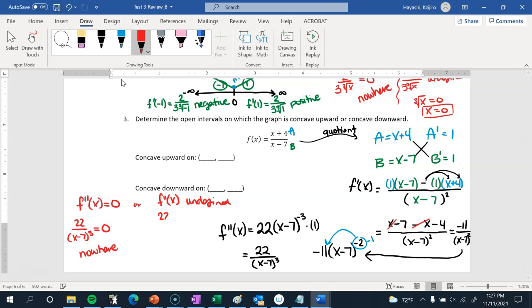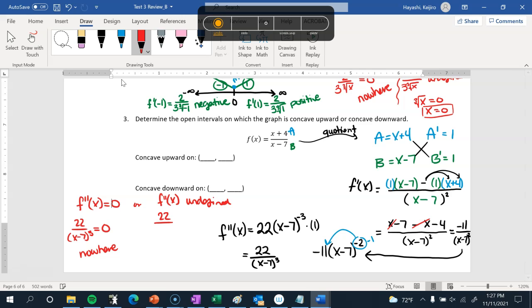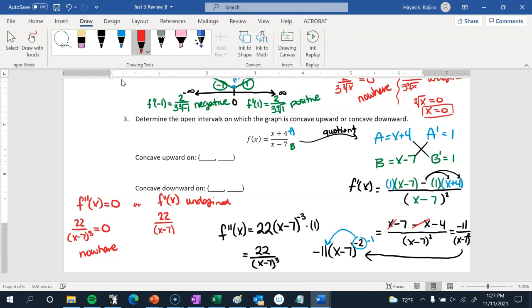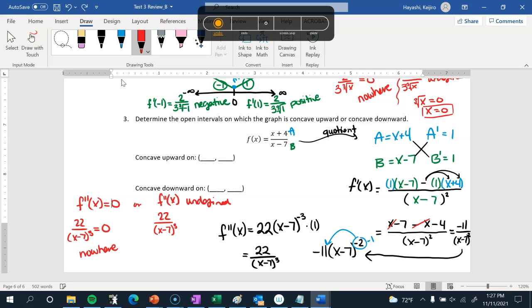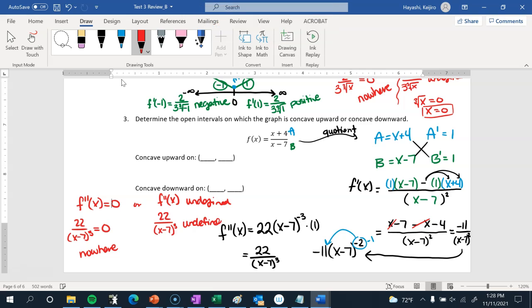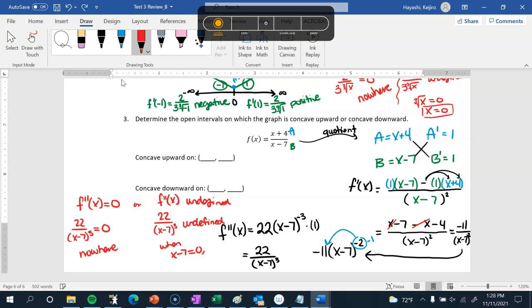However, it is undefined at a particular place. This is undefined whenever x minus 7 equals 0, or basically x equals 7.